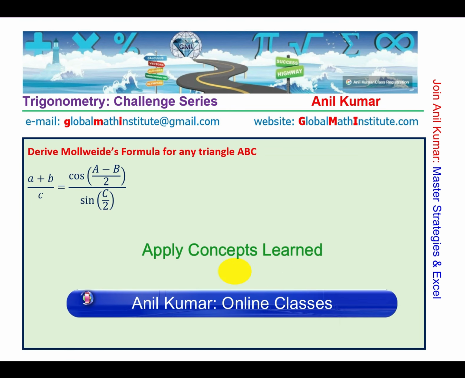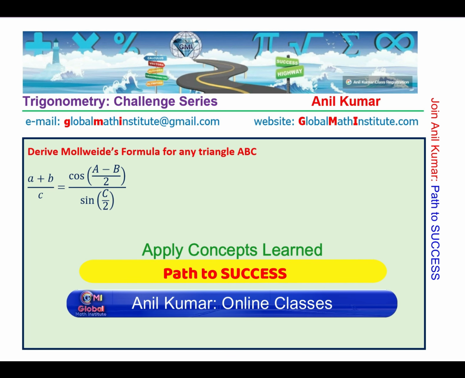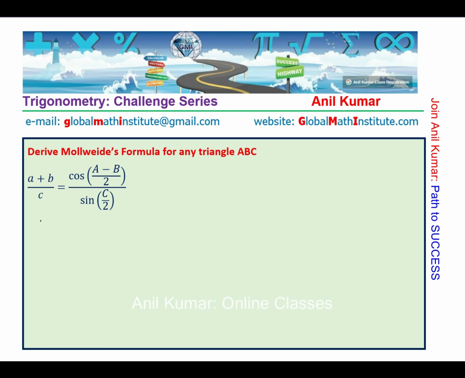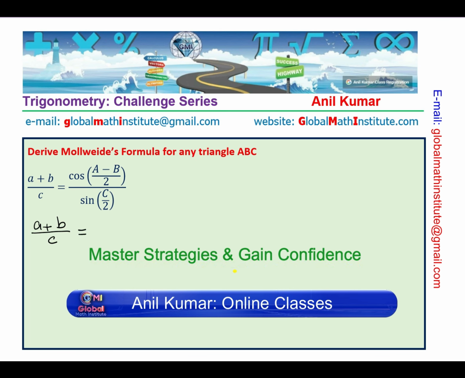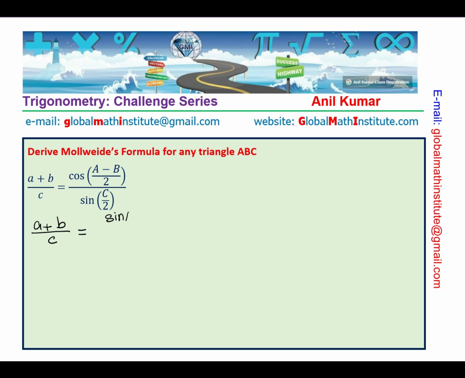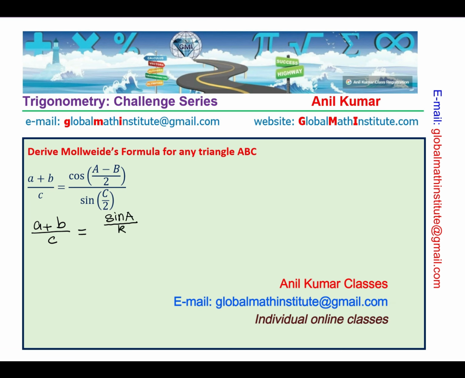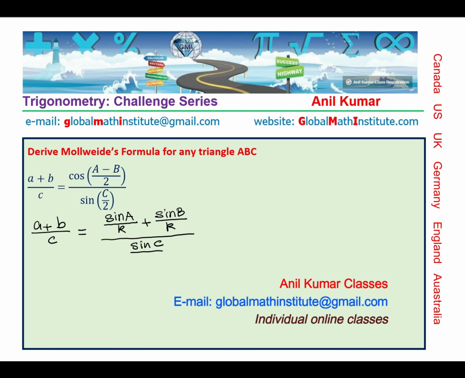So as we said, a could be written as sine of A over K, some constant. Let's rewrite this equation. We will write (a plus b) over c as sine A by some constant plus sine B by some constant, over sine C over some constant.